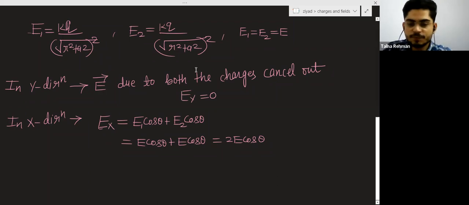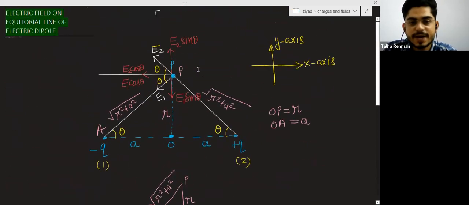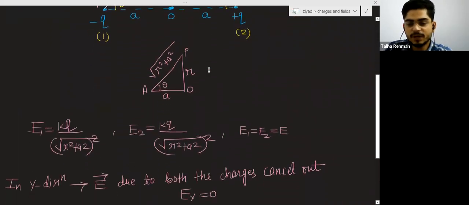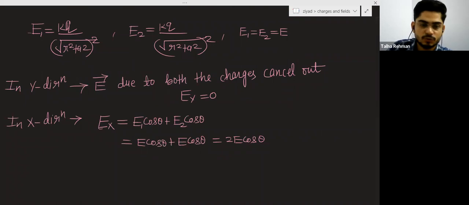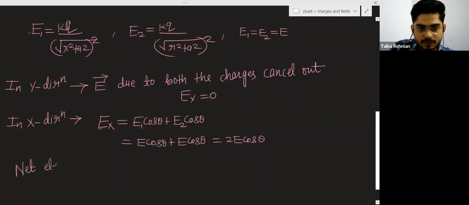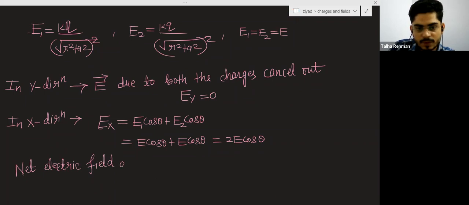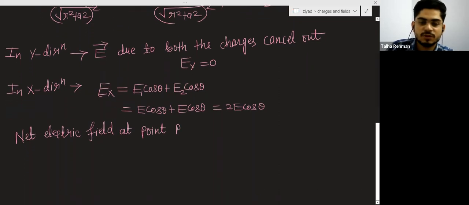If we want to calculate the net electric field at point P, then we will add both the electric fields in both directions.